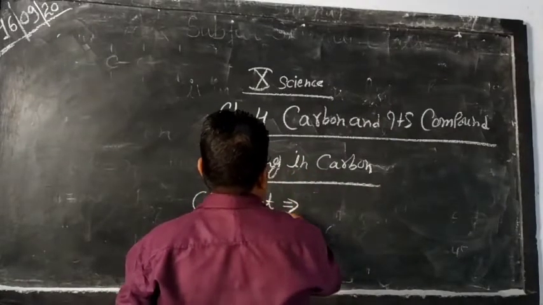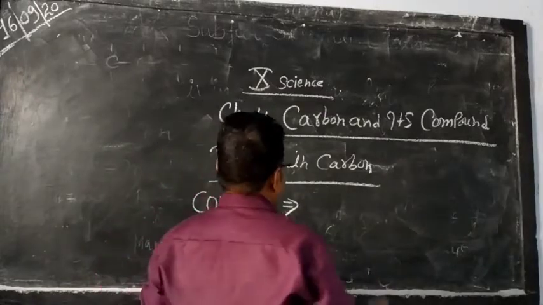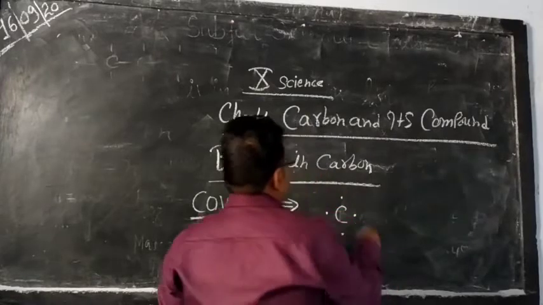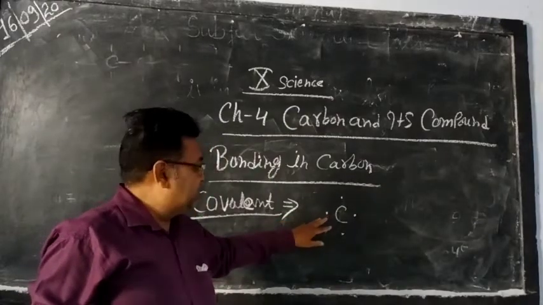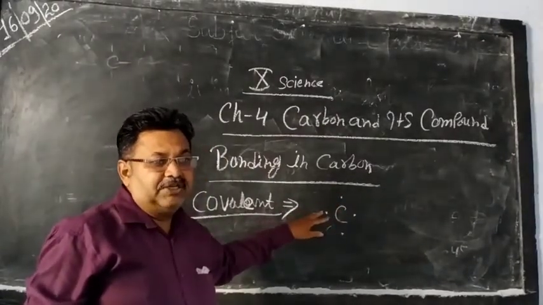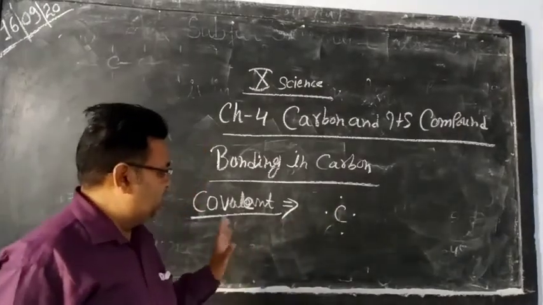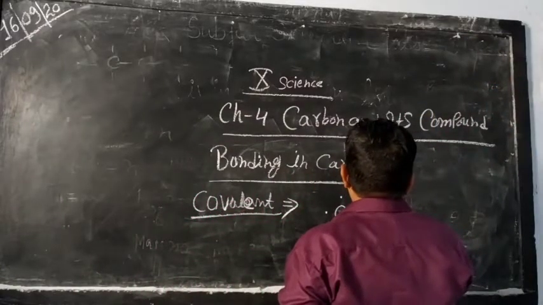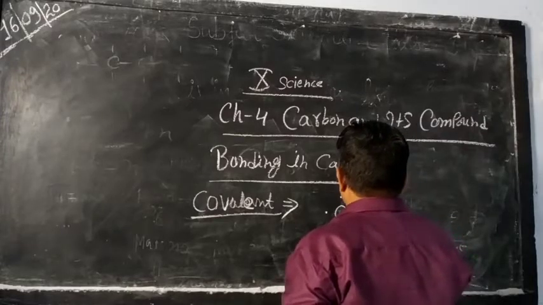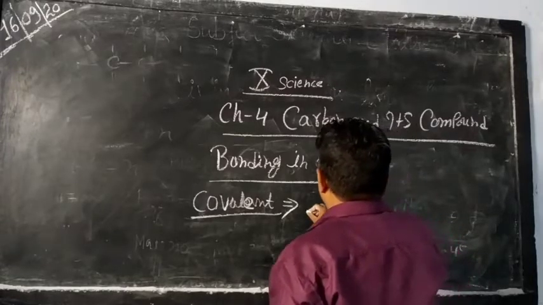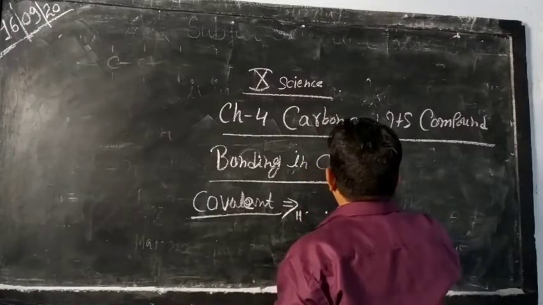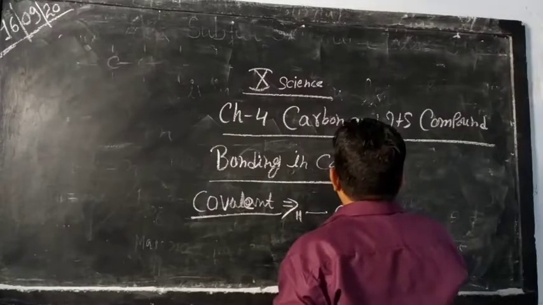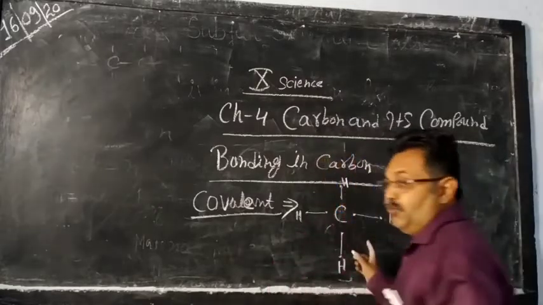Covalent bonding means when these 4 electrons of carbon, there are 4 electrons of carbon in its outermost shell, form a bond by the equal sharing of electrons, then such type of bond formed is known as covalent bond.